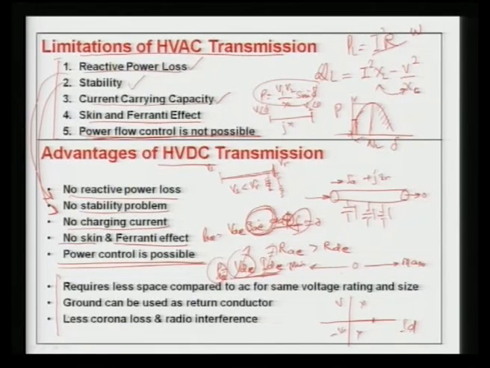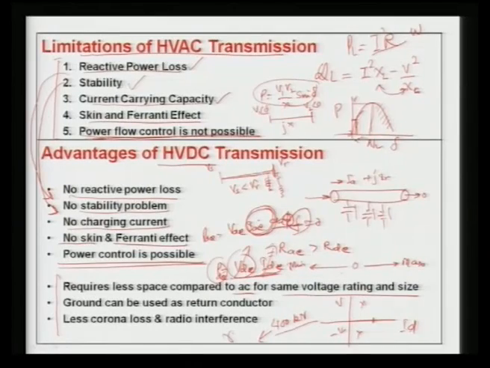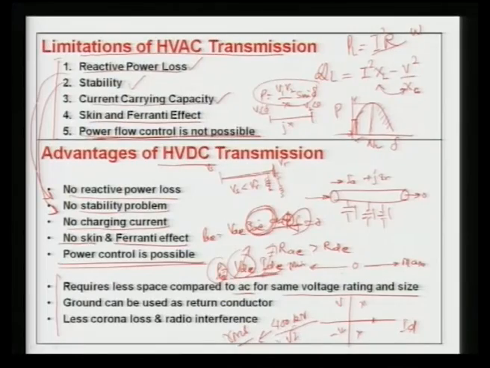But some other, minor advantages are also there with the HVDC transmission system. It is said that it requires less space compared to the AC system for the same voltage rating. If you have, let us suppose, a 400 kV system, that 400 kV is the RMS value, so you have to design your system for its peak value, which is multiplied by root 2, while the power calculation uses 400.